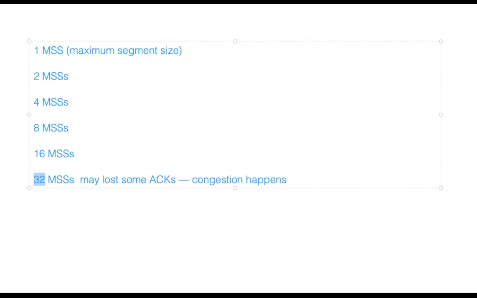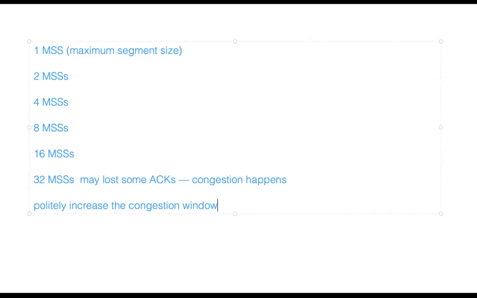So what we do is, we should do another thing. We call it politely increasing the congestion window. Not like this slow start, 1, 2, 4, 8, 16, 32.